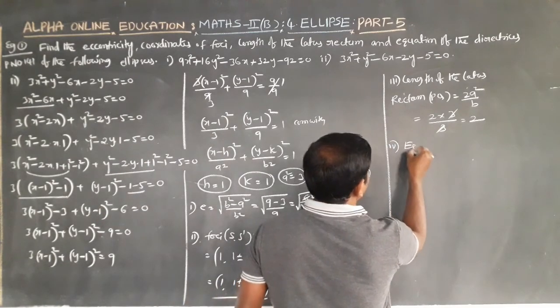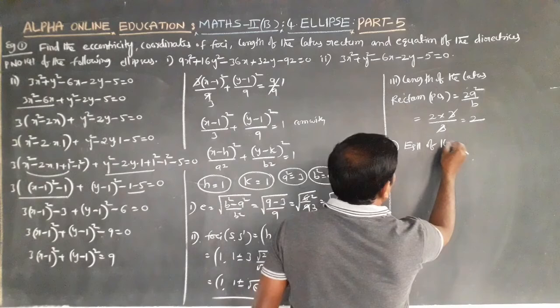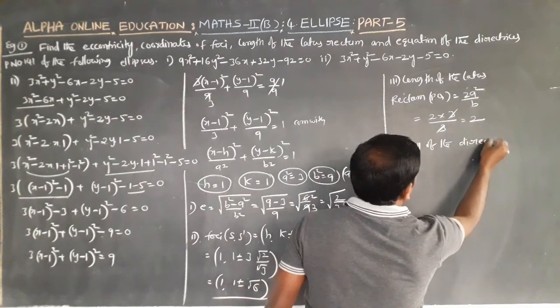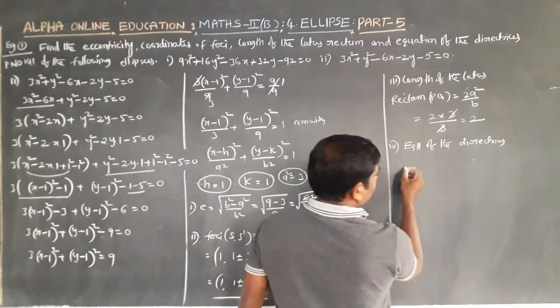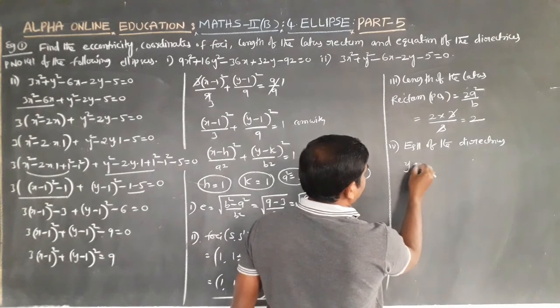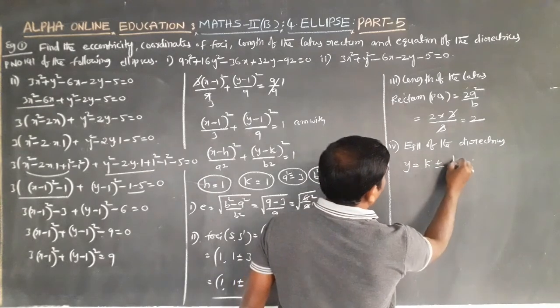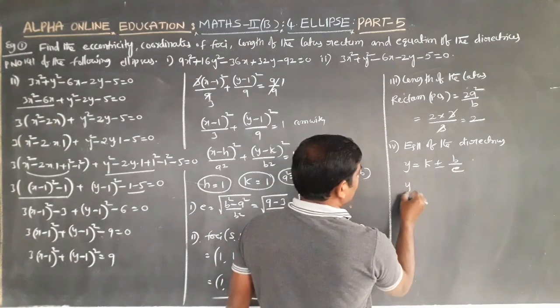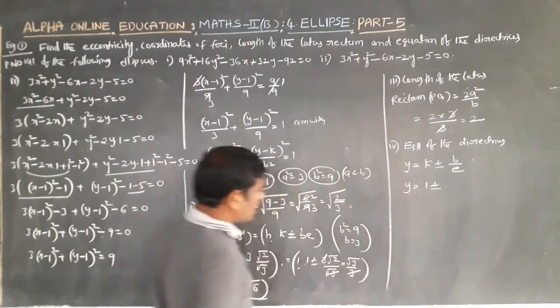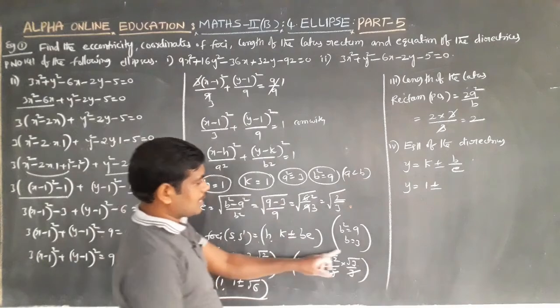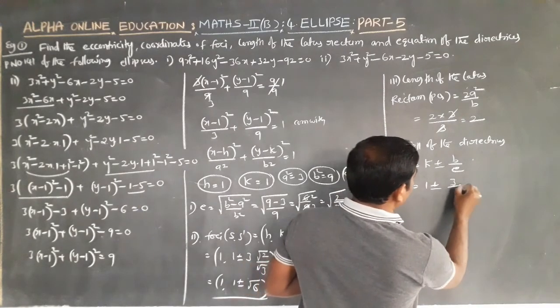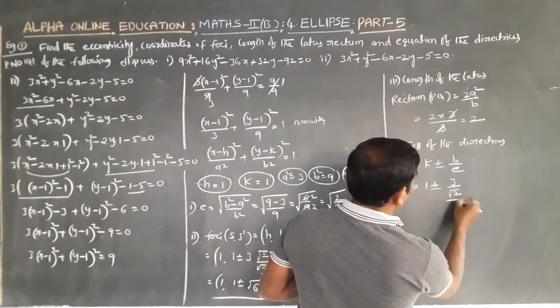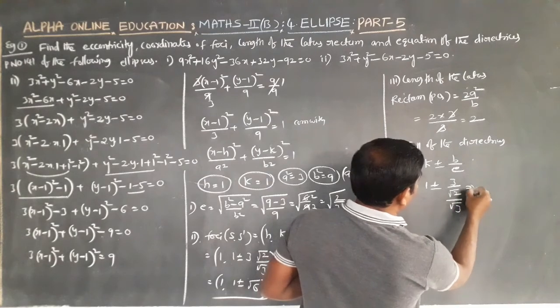Fourth one is the equation of the directrices. The equation of the directrices is y is equal to k plus or minus b by e. y is equal to k, which is 1, plus or minus b, which is 3, by e, which is root 2 by root 3.